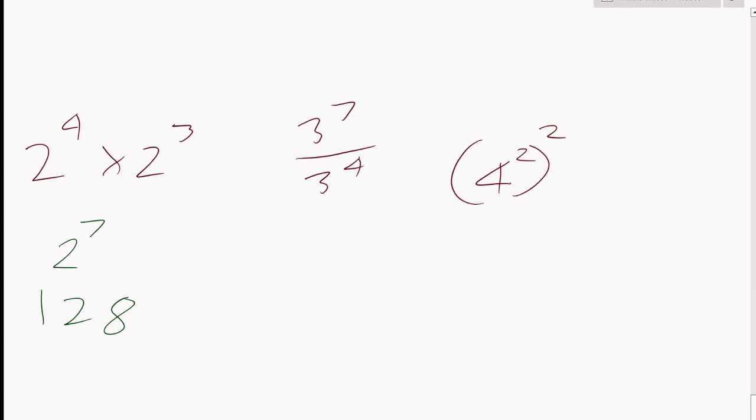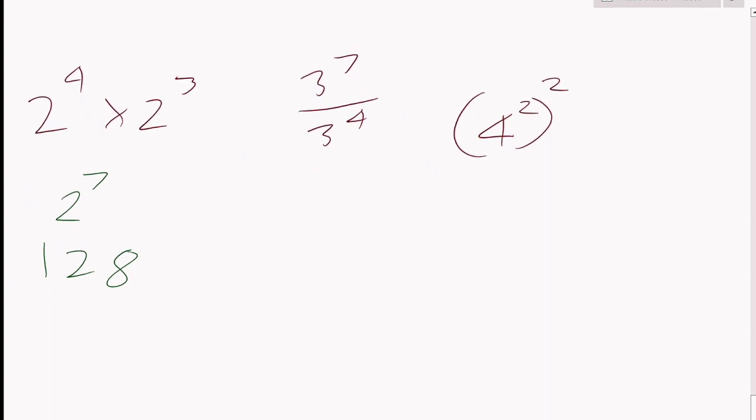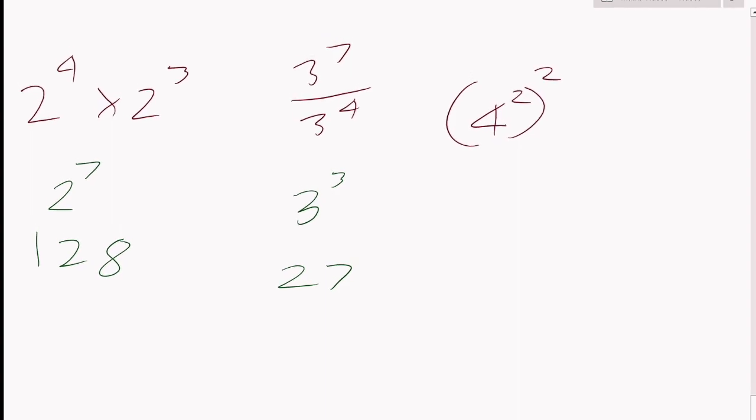Okay, 3 to the 7th over 3 to the 4th is just going to be 3 cubed, because it's 3 to the 7 minus 4, which, as we saw earlier, is 27. And finally, 4 squared, squared is going to be 4 to the 4th, because it's 4 to the 2 times 2. And that works out as 256.